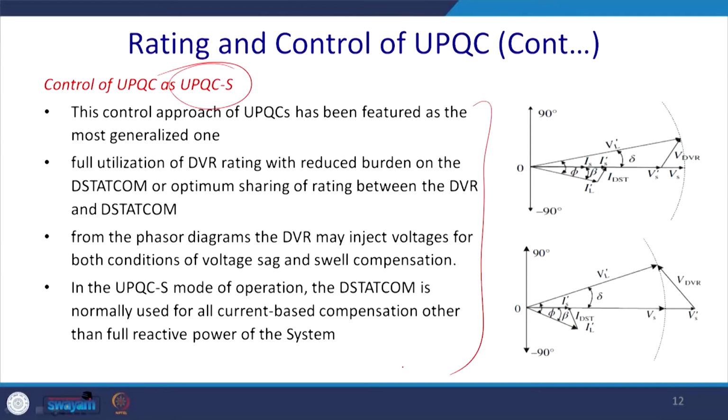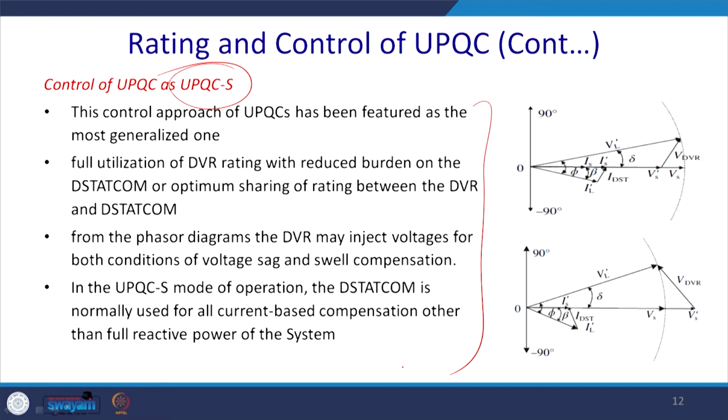But in case of the P, your DVR rating is low, but the D STATCOM rating is high. Here you try to optimize the overall KVA rating of the UPQC. So, this is the purpose. Let us discuss what has been written in this slide, thereafter we shall discuss the phasor.